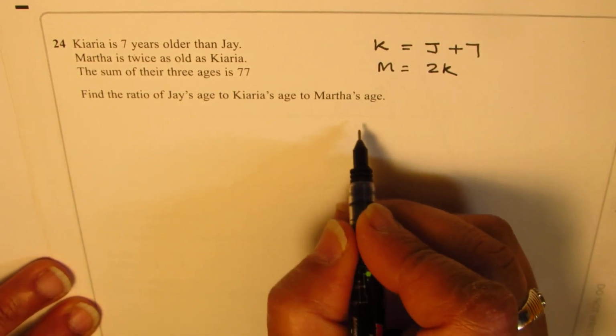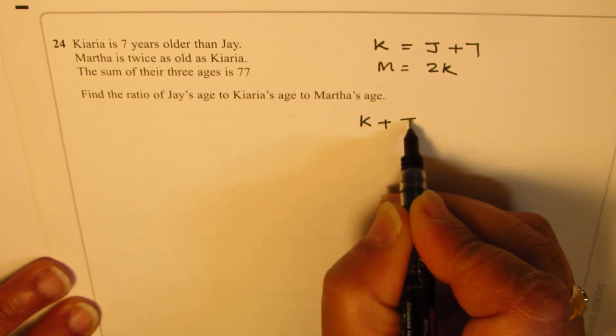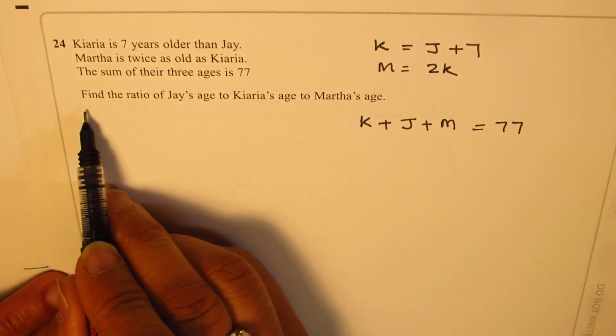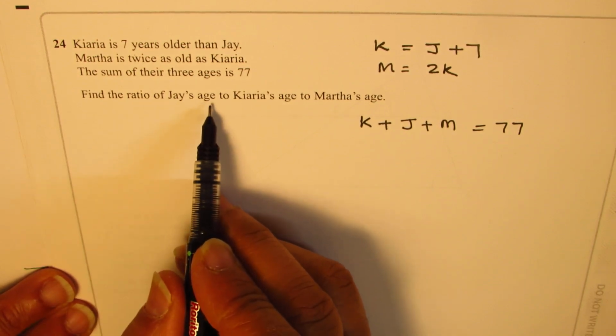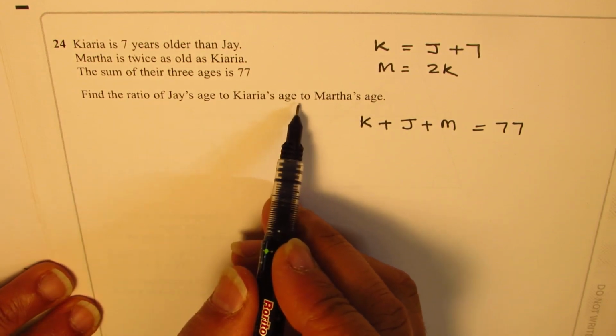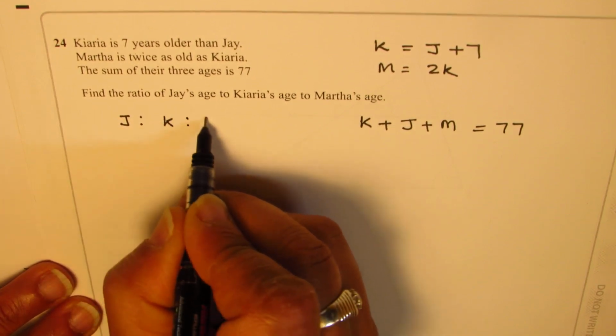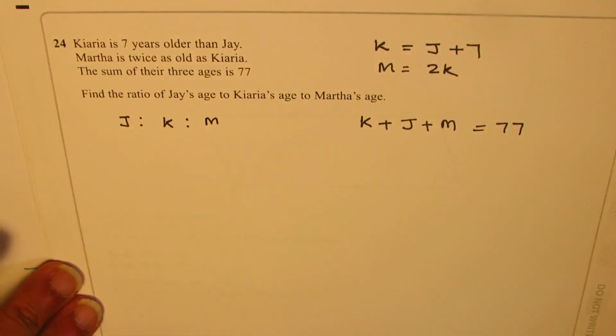That means K plus J plus Martha is 77. Find the ratio of J's age to Carrier's age to Martha's age. That's what we need to find.